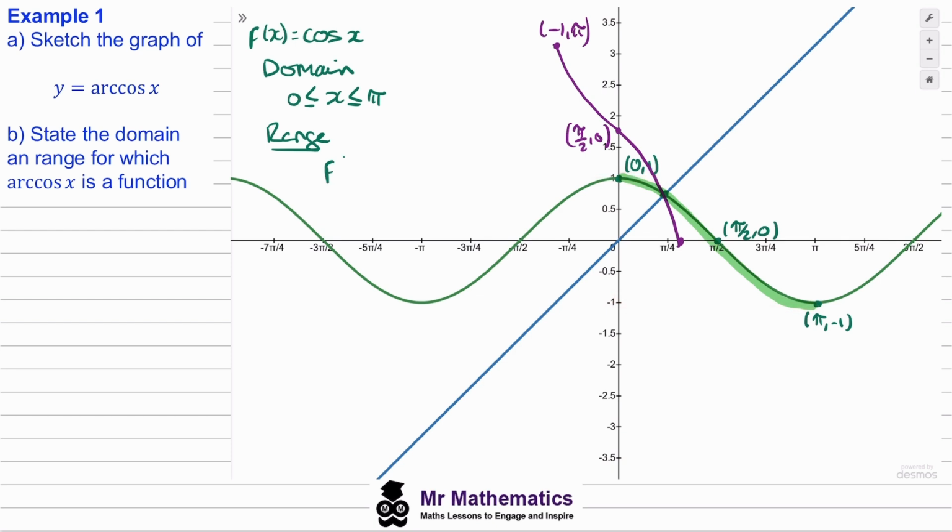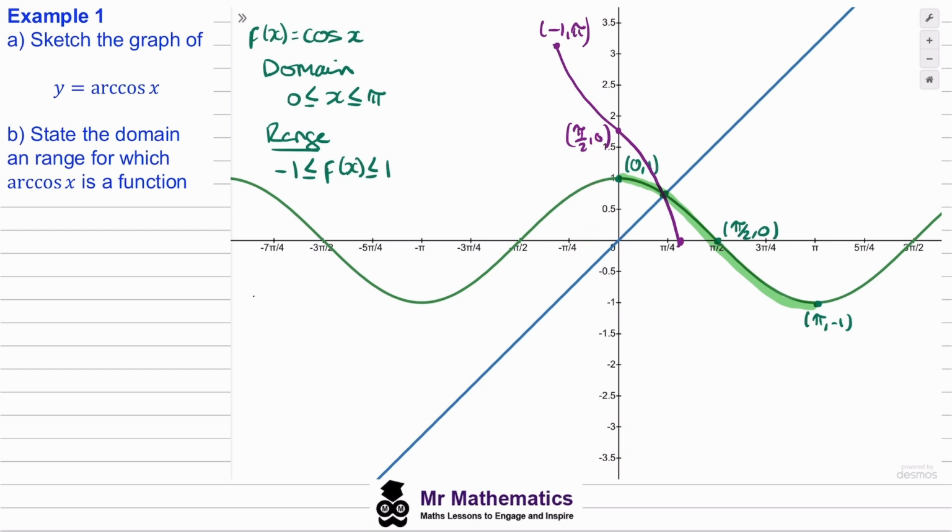So f of x is less than or equal to 1, but greater than or equal to -1. Then we know that arccos of x is now a function.